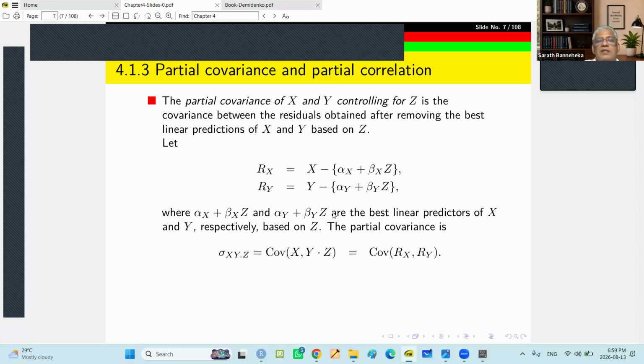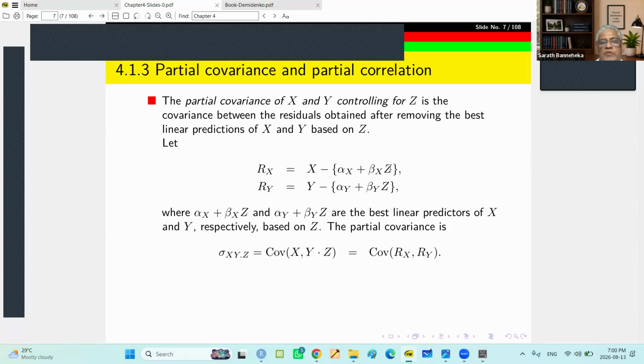In other words, let us say Rx is the residual when we regress x on z, when we find the best linear predictor using least squares regression.